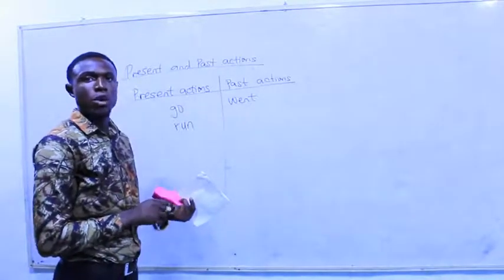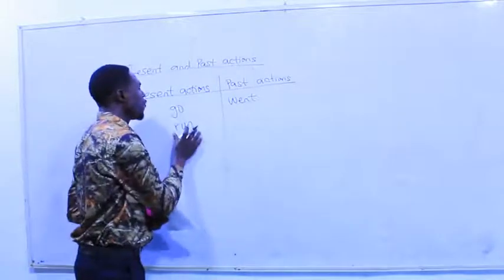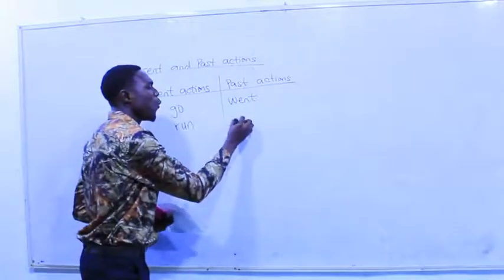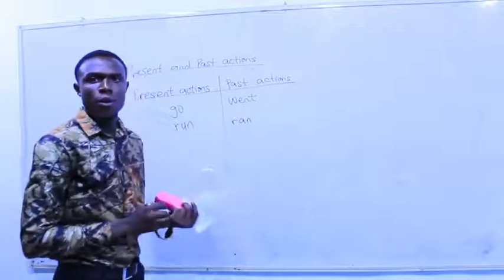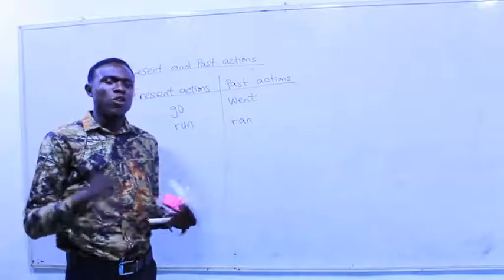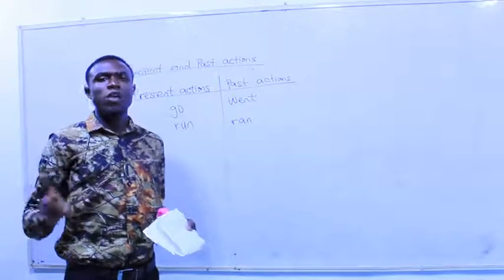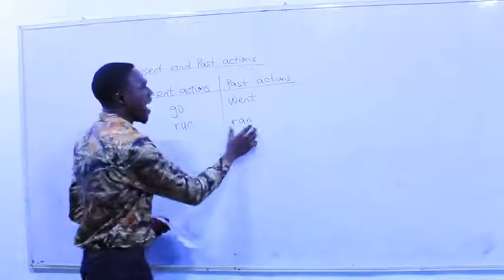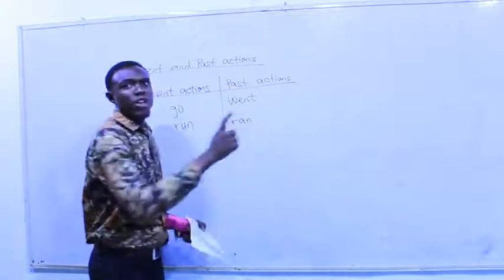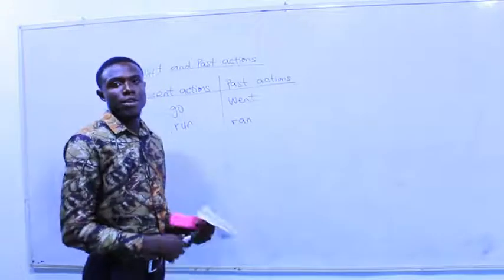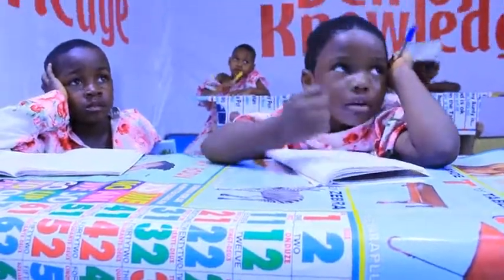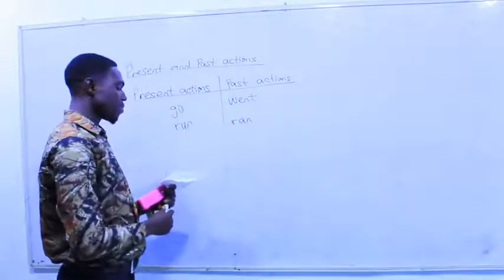The past action of run is what? Ran. You don't say, I run from the dog yesterday. No. You say, I ran from the dog yesterday.